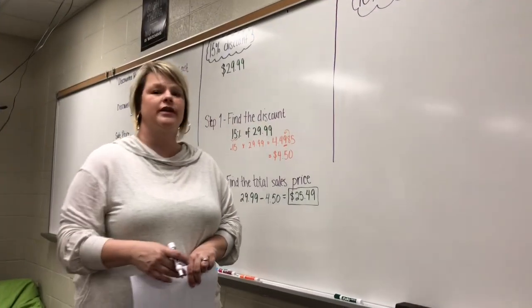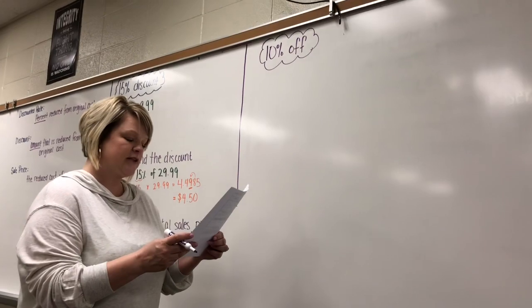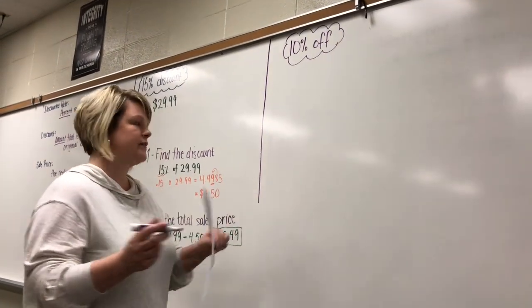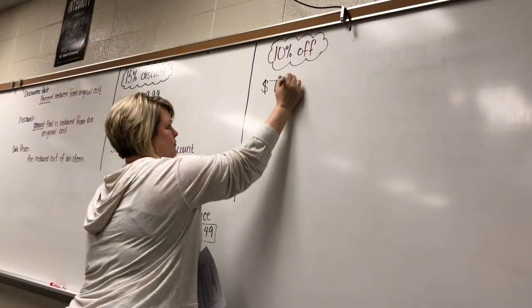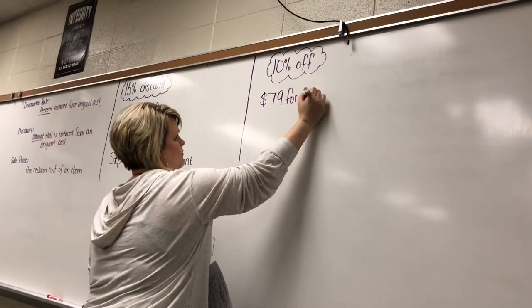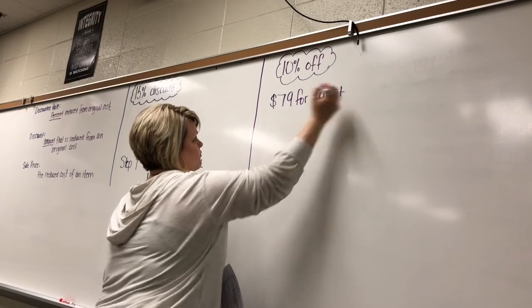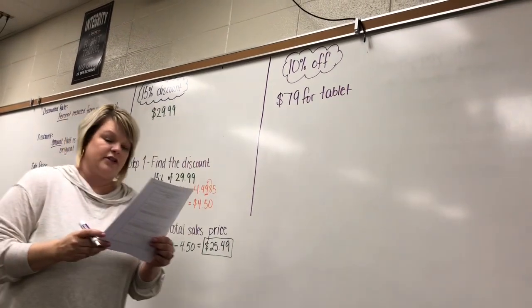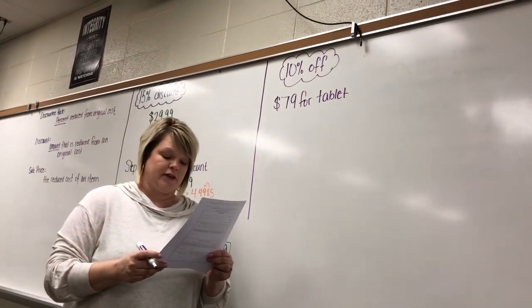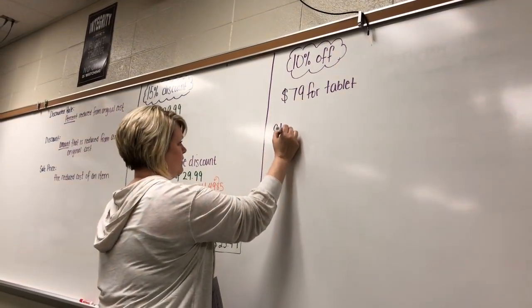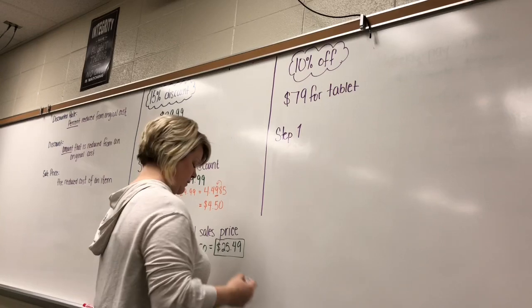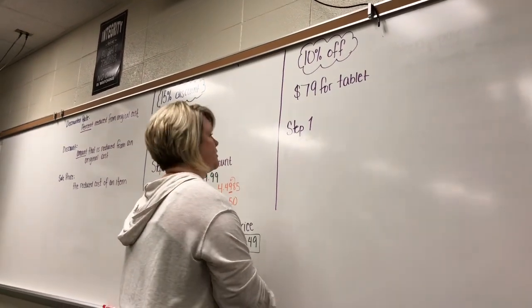All right, let's do this one together. So Jane is buying a tablet. The original price is $79. It is on sale for 10% off. Calculate the discount and sales price. So we said step 1 is to figure out the discount.